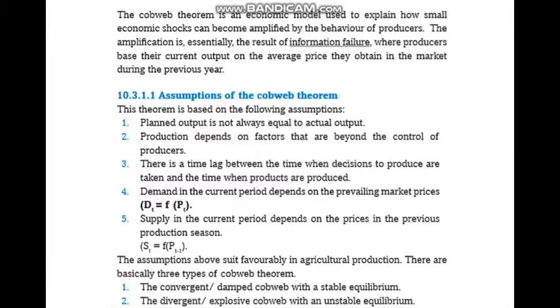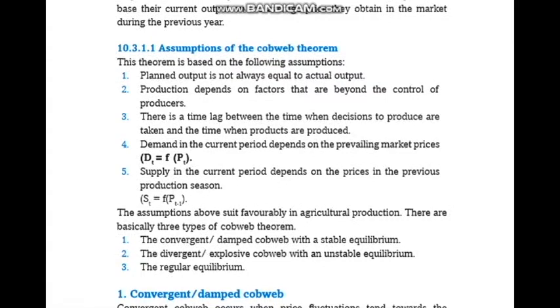The amplification is essentially the result of information failure, where producers base their current output on the average price they obtain in the market during the previous year. That is what we call the Cobweb.